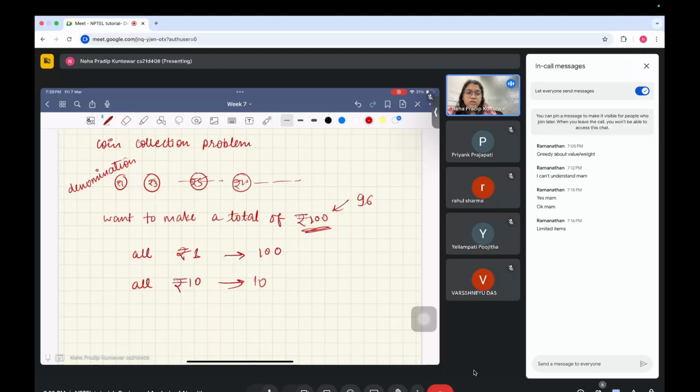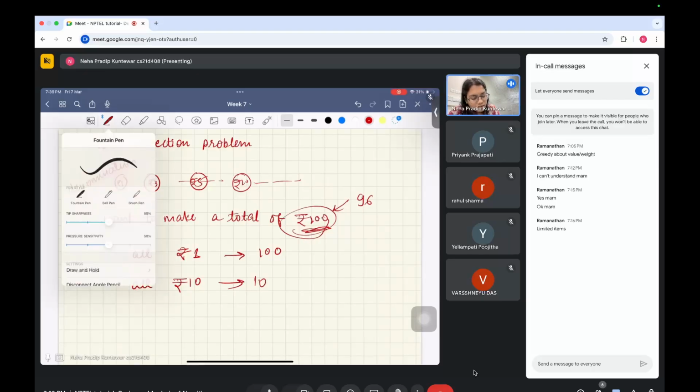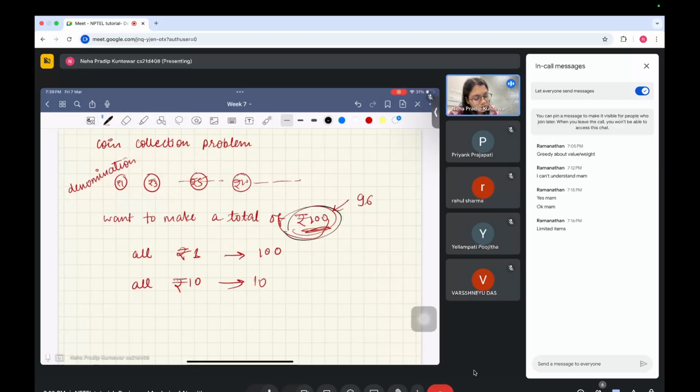So the question is, I want to make a total of some value. So I have to make a total of some rupees r, and I have to use these denominations. I can use them as many times as I want. So you can think of this as an unbounded version of Knapsack, where you are allowed to take the item as many times as possible.